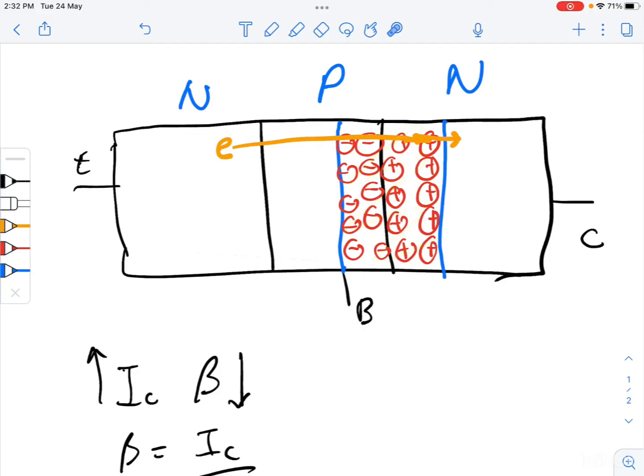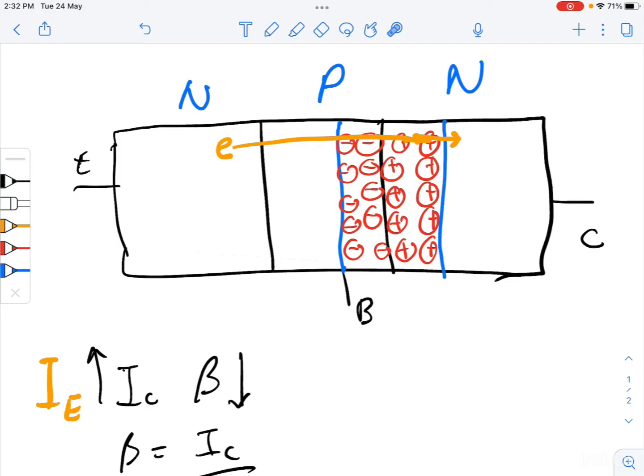The concern now is at very high collector current. If the collector current is high, it means that the emitter current is also very high, because the source of the collector current is coming from the emitter side. So the number of electrons diffusing through the base and then drifted to the collector side will also be high.